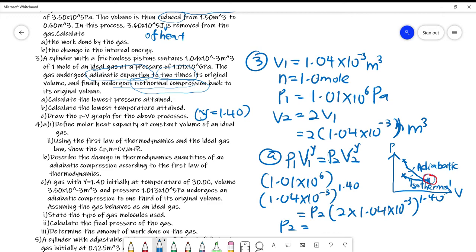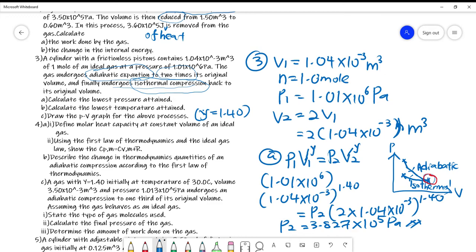So my final answer is 3.8275 times 10 to the power of 5 Pascal. So this will be my lowest pressure, obtained after undergoing the first process.